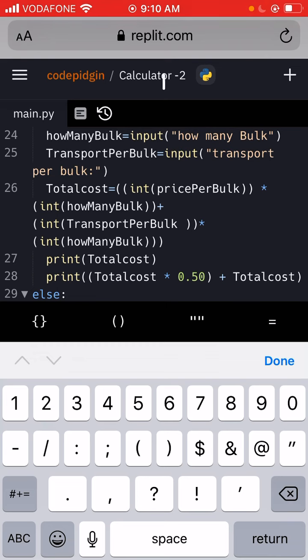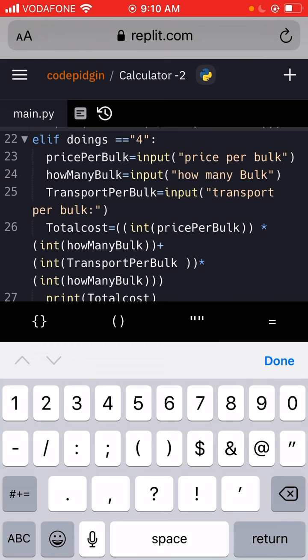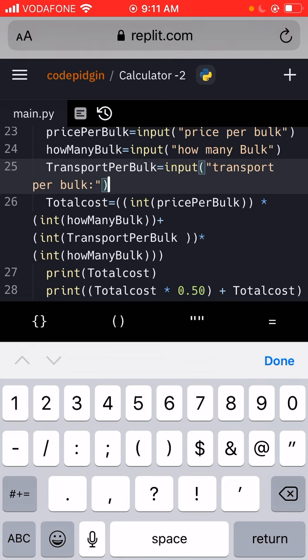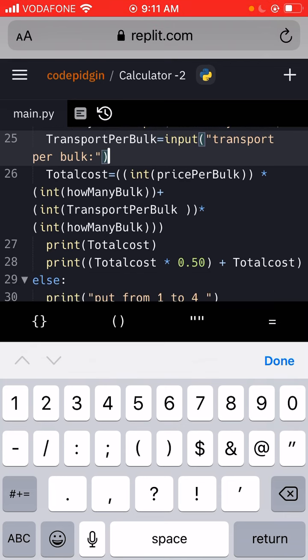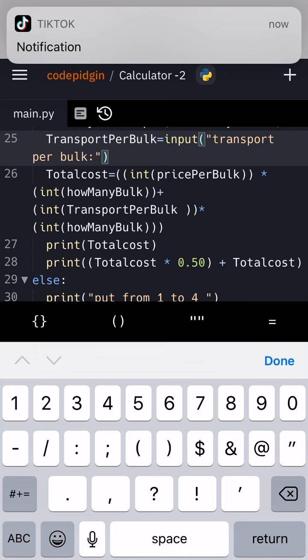The last one is total cost. What everything will cost us plus transportation. We put transportation per bulk for line 25 here. See how much they transport 1 bulk. You understand? Total cost is what? We put the price per bulk and multiply it by how many bulks. So for example, price per bulk of 1,000 times how many bulks.